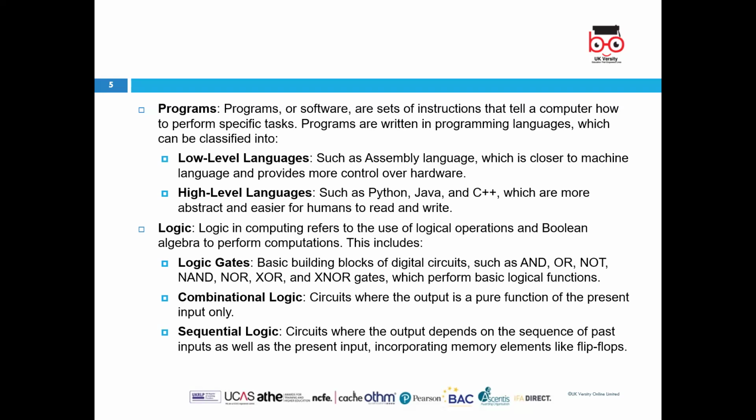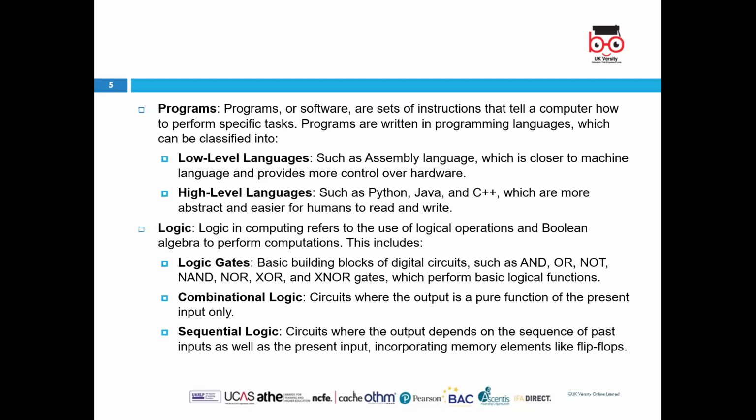Low-level languages, such as assembly language, are very close to machine language and provide more control over the hardware. While high-level programming languages, where we code with Python, Java, C++, C#, and so on, are more abstract and user-friendly.